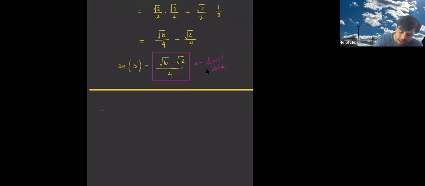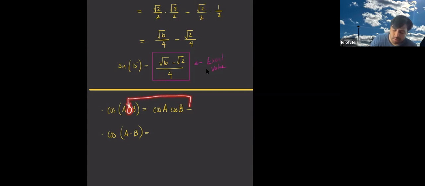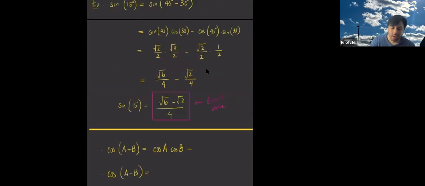Now, what happens if I have cosine of a sum instead? And what happens if I have cosine of a difference instead? So cosine of a sum gives you what? Cosine of A, cosine of B, and now this is when it kind of flips. Instead of adding, you subtract. So it's kind of the opposite. If you have a sum, you're going to subtract for cosine.